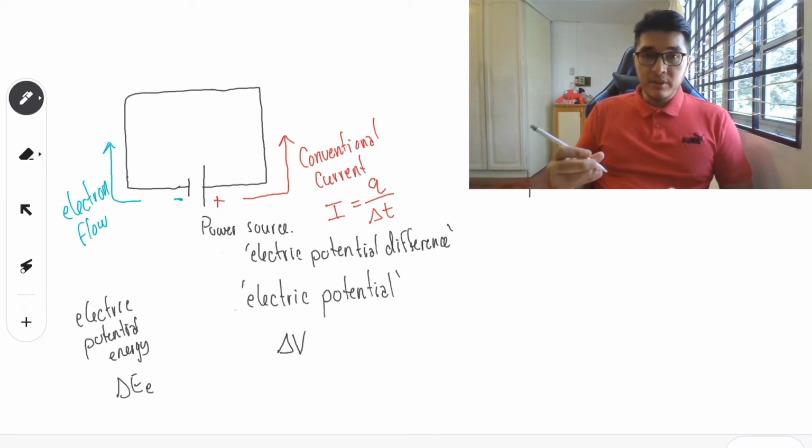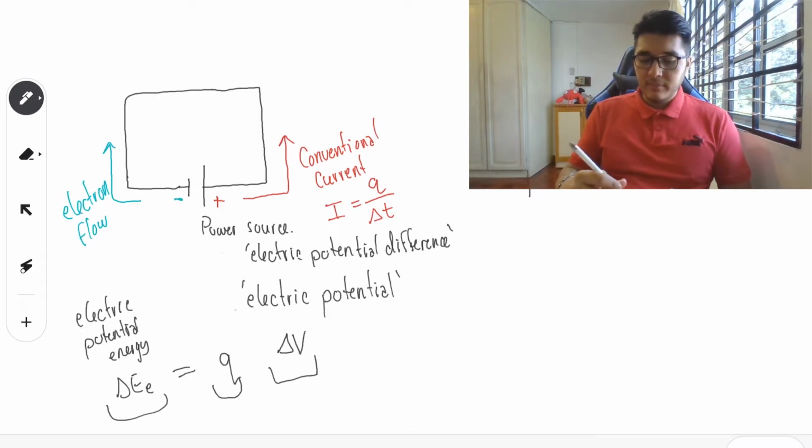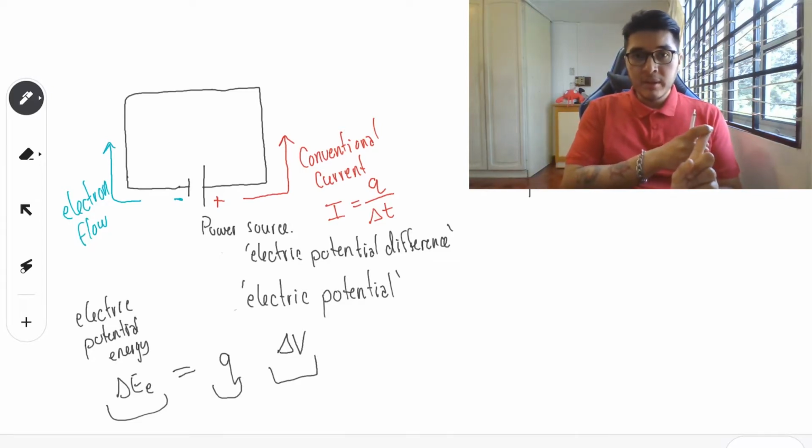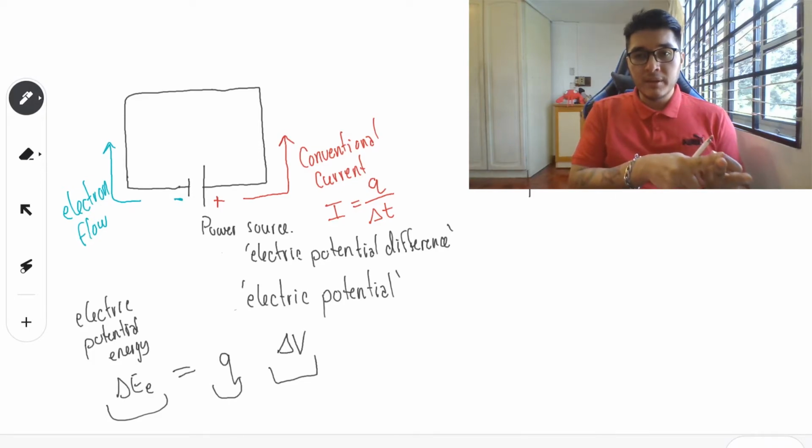So electric potential energy is the amount of energy that a charge has when it moves through an electric potential difference.